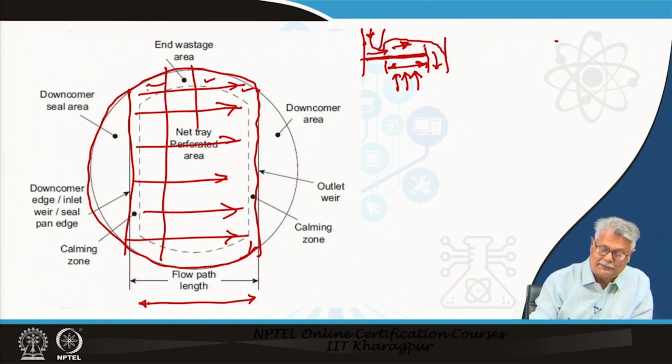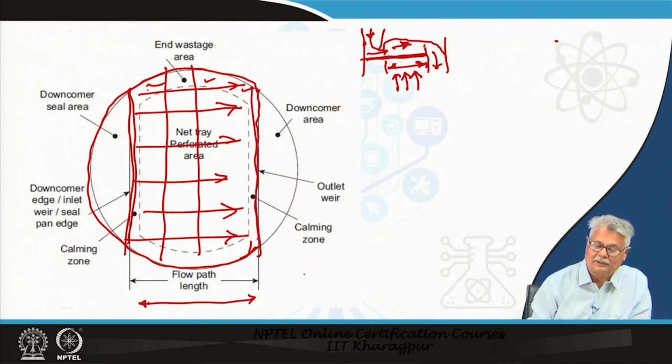It is maximum at the center, minimum at the starting point and at the end. We hope to have a uniform flow, but it never happens. So, this is also one such reason why you do not achieve 100% tray efficiency.